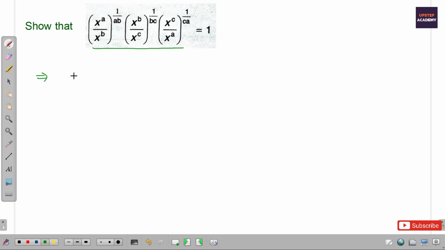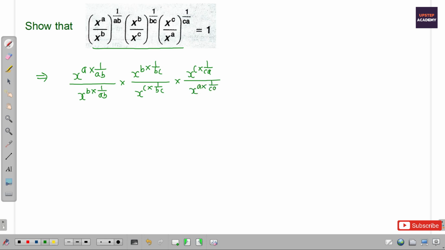What we can write, x raised to a into 1 upon ab whole divided by x raised to b into 1 upon ab into x raised to b into 1 upon bc, this divided by x raised to c into 1 upon bc into x raised to c into 1 upon ca, this divided by x raised to a into 1 upon ca, right?